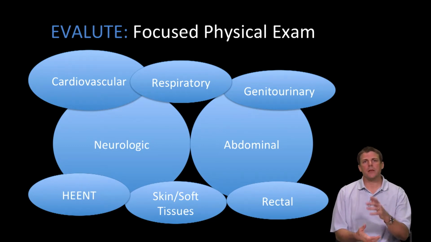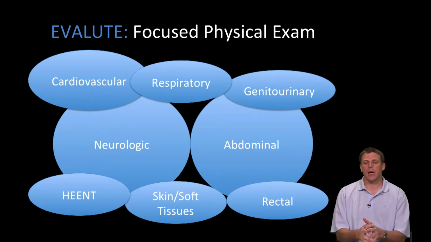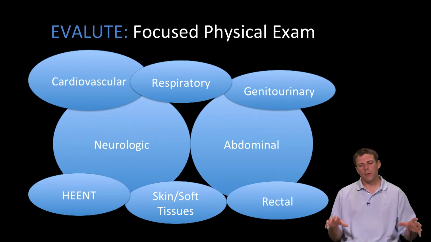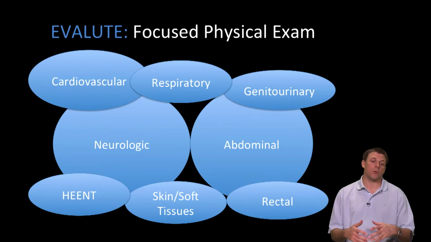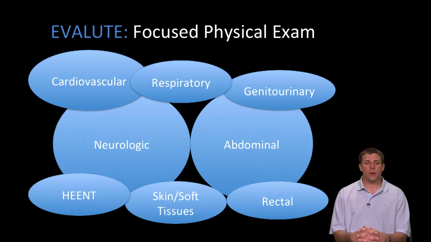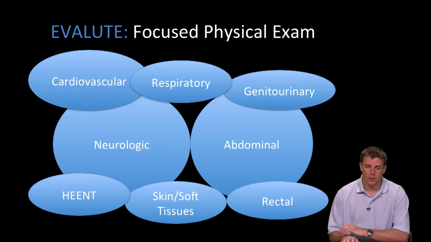And then the HEENT exam will be very important as well to determine if the patient has a head or ENT infection. And then, as we can imagine, skin and soft tissues will be very important to examine. And then finally, the rectal examination. So we'll have to remember all of these components of the physical examination when we approach a patient with really, at this point, still undifferentiated fever, as we cast a wide net to determine if we're able to form a differential diagnosis.